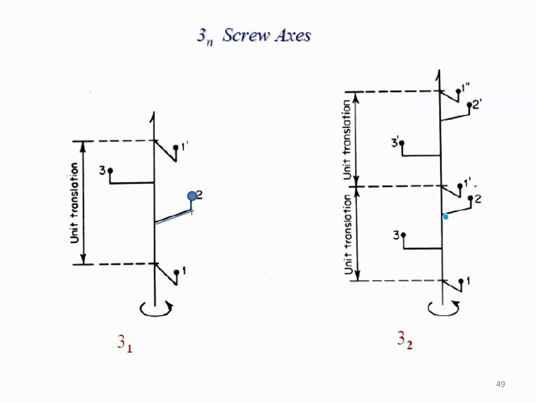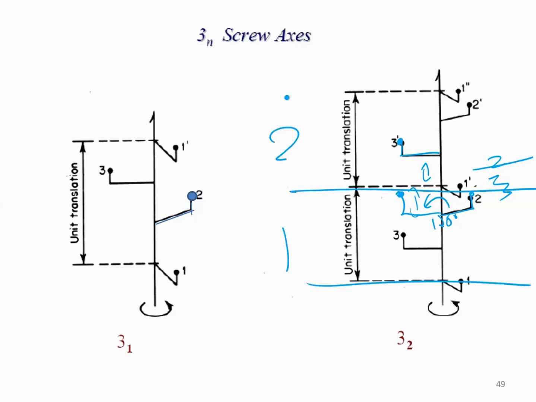So from this position, you have to rotate by 120 degrees and then translate another 2/3. So this is 1/3, another 2/3. So this point will translate to this point. This is 1 unit cell, 2 unit cells. And then for this point, I have to rotate by another 120 degrees, right?